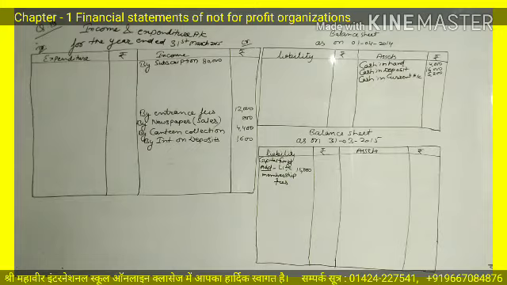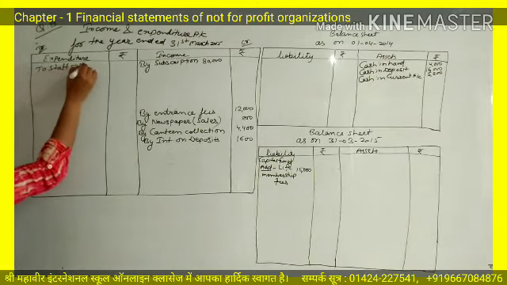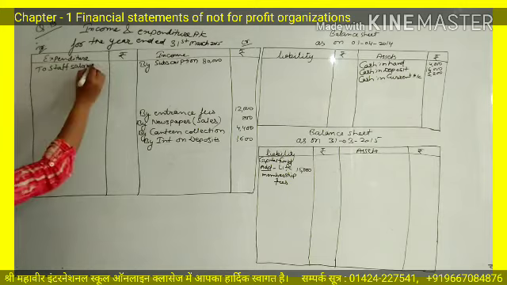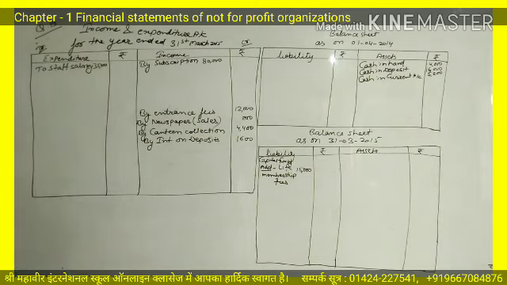Staff salary. Staff salary will be written in expenditure side. And if you remember that there was an additional information also related to salary, so we will write the amount of salary in the inner column, 35,400. Canteen expenses, I am leaving some space here for additional information.